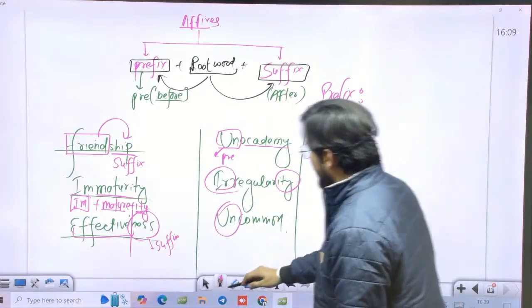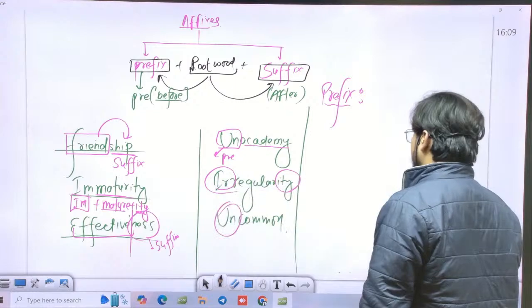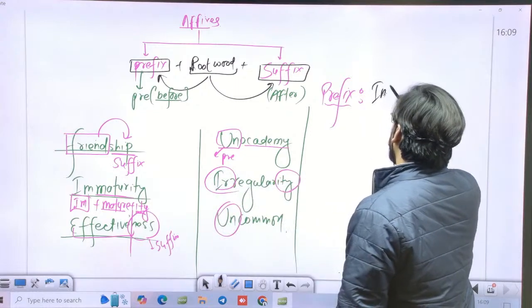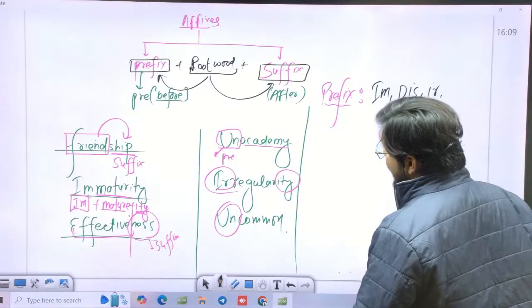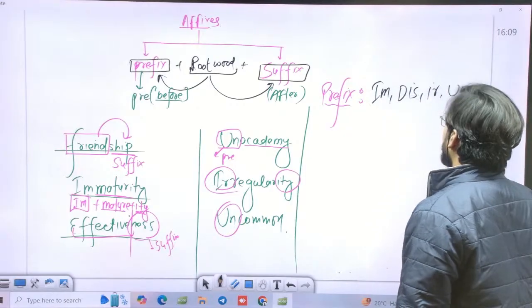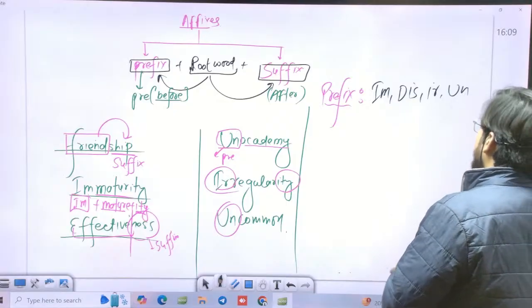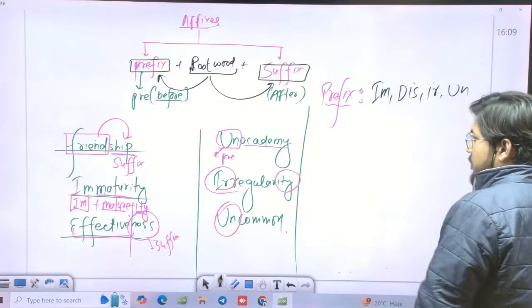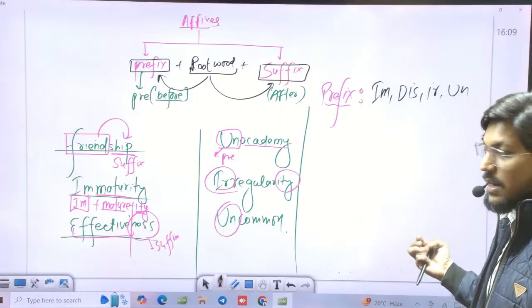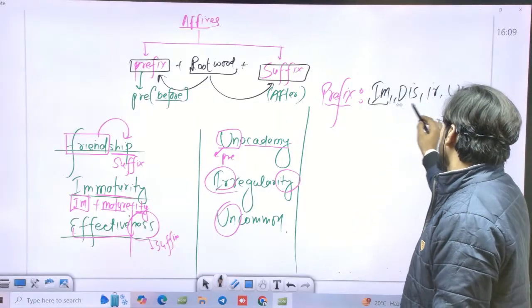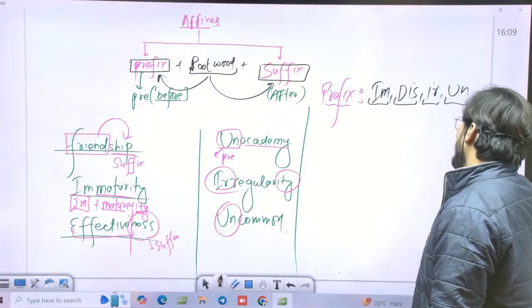So prefixes can be identified with im, dis, ir and un. Anything you have in your mind? The words start with im, dis, ir, un, and so on.